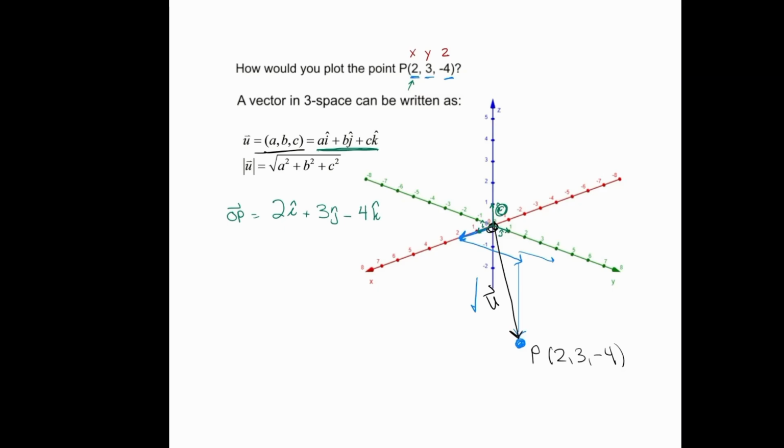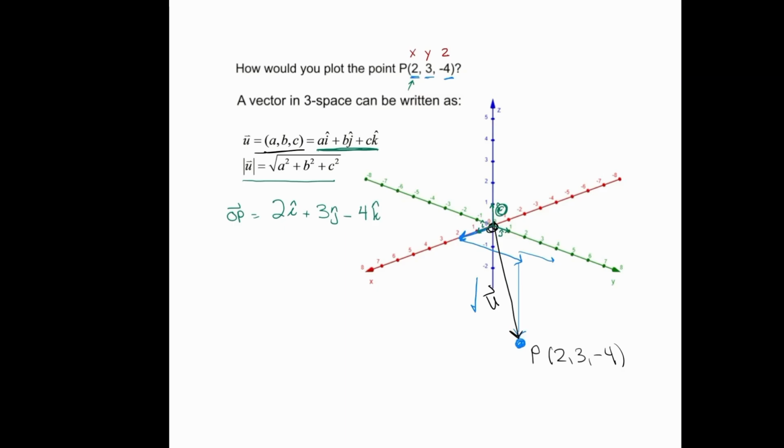Now, just like we were able to find the magnitude of 2D vectors, we also can find the magnitude of this vector u by using our Pythagorean theorem, because these unit vectors all make right-angled triangles with our actual vector that we're trying to find. So the magnitude of vector u can be found the same way as we found 2D, by using our Pythagorean theorem.